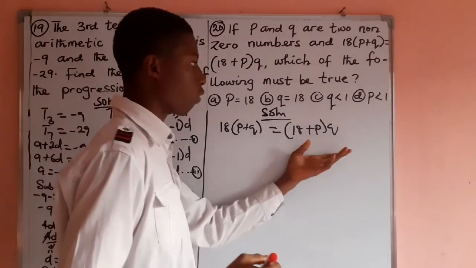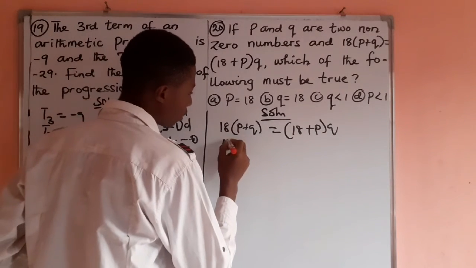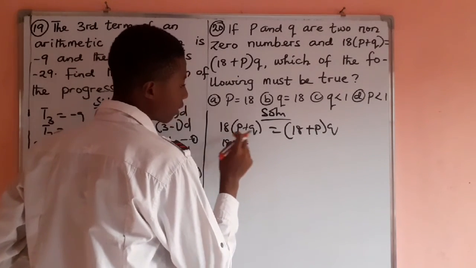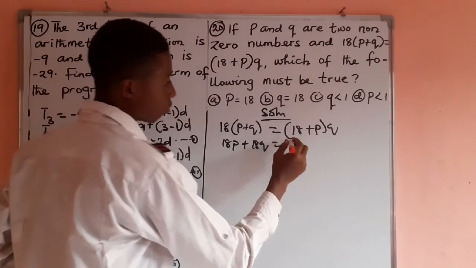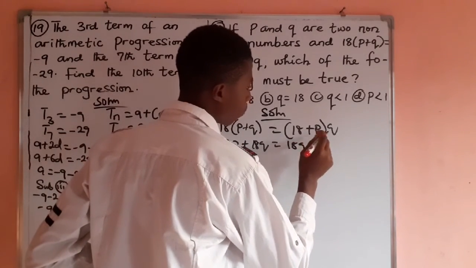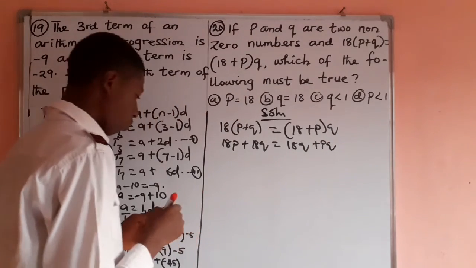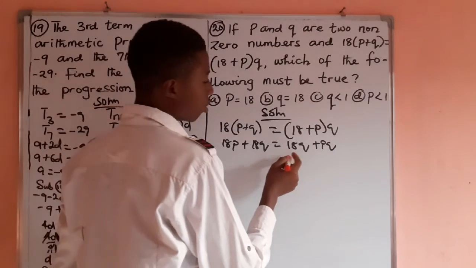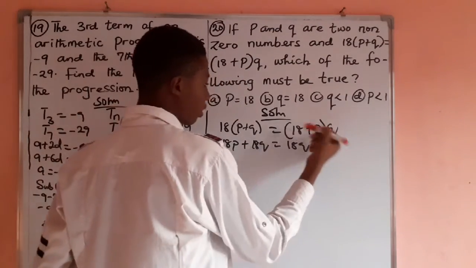Our first step to solving this, we have to expand the bracket. Meaning we'll be having 18 times P is 18P plus 18 times Q, we have 18Q, equals to 18 times Q is 18Q and P times Q is plus PQ. Now, 18P plus 18Q equals 18Q plus PQ. So let's take these ones to this side.